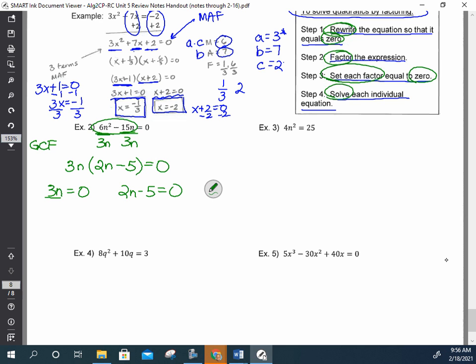For the first equation, divide both sides by 3, and n equals 0. Second equation, add 5 to both sides. Divide by 2. So n equals 5 over 2. There's your two answers and the problem's over.